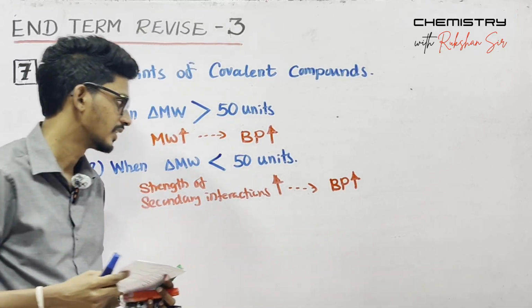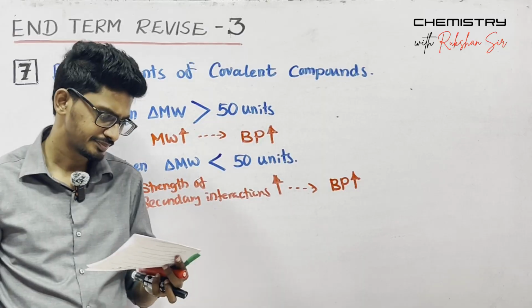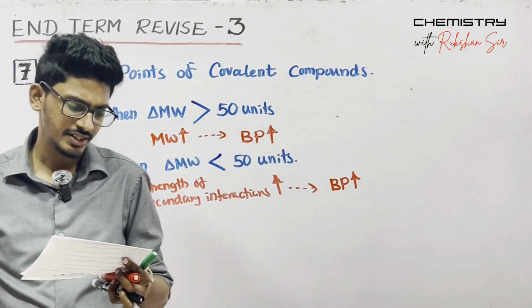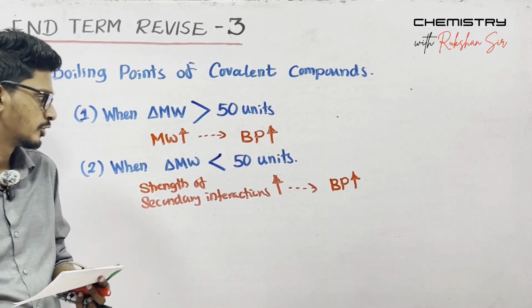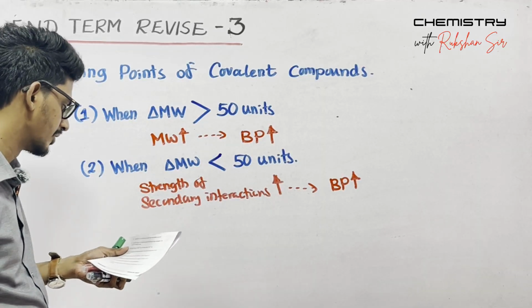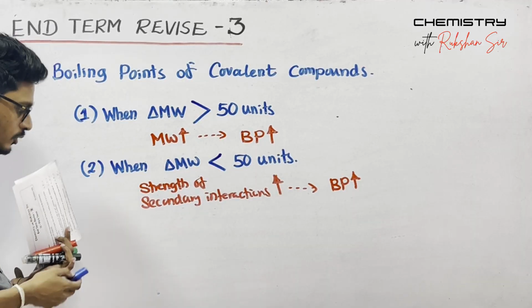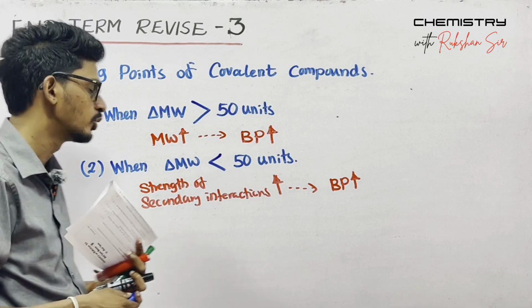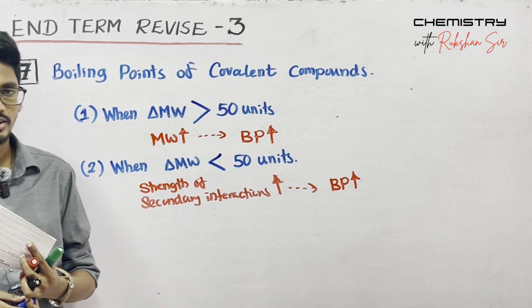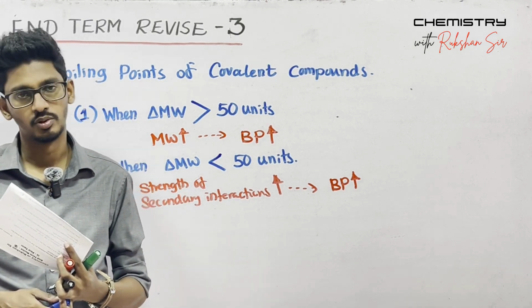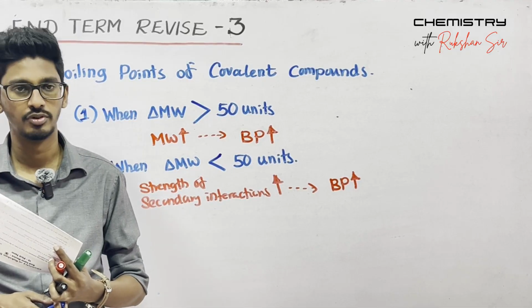Let's see what they are saying again. We are here to compare CO2 and H2O. The molecular weight of CO2 is 44: carbon 12, plus two oxygens.